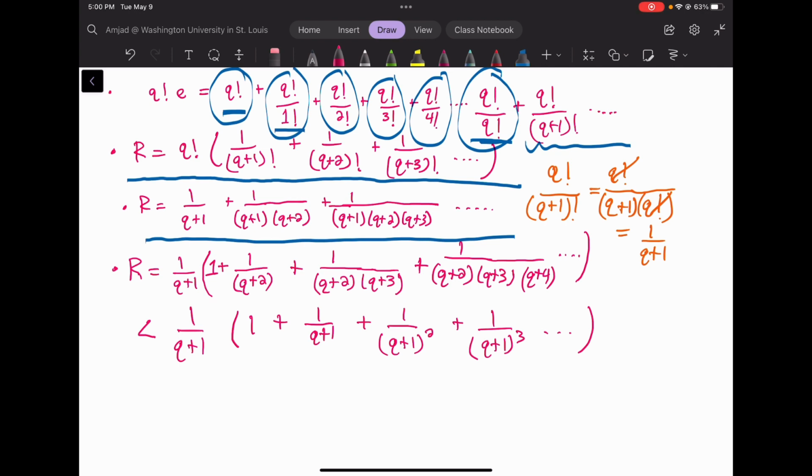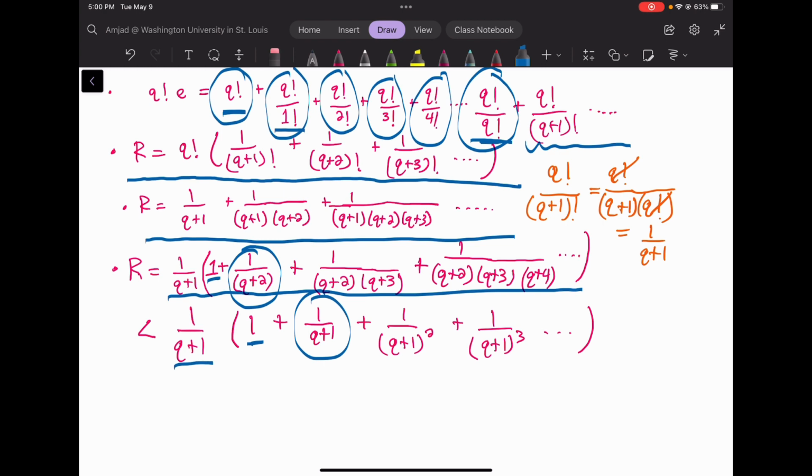Now if we look at this equation, we know that this equation is less than the equation underneath it. So 1 over q plus 1 and 1 over q plus 1, they're the same. 1 and 1 are the same. But if we look at 1 over q plus 2 and 1 over q plus 1, let's say q is 2, for example.